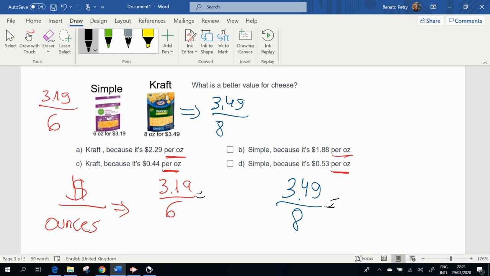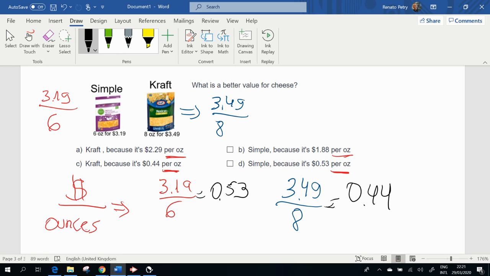Dividing 3.19 by 6, I get nearly 0.53, rounding correctly. And then if I do 3.49 divided by 8 on my calculator, I get 0.44, rounding correctly to the nearest cent.